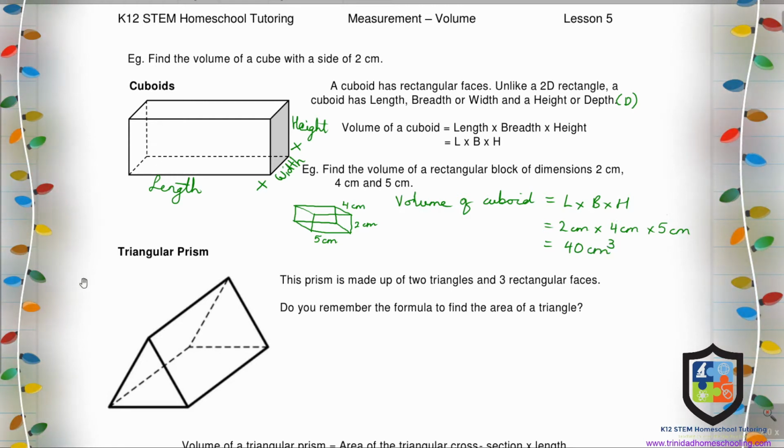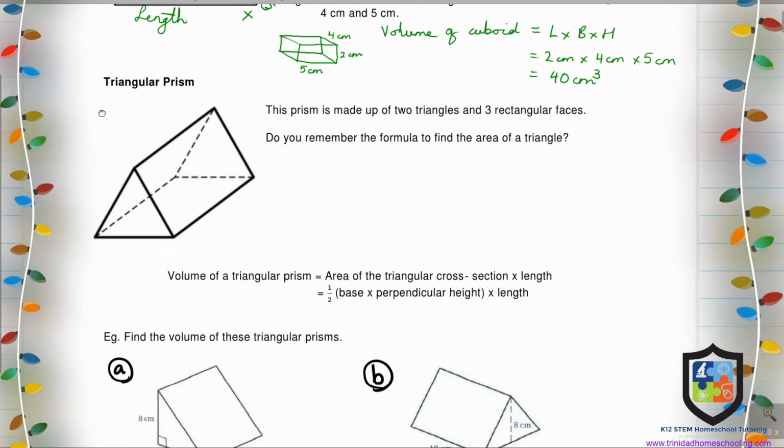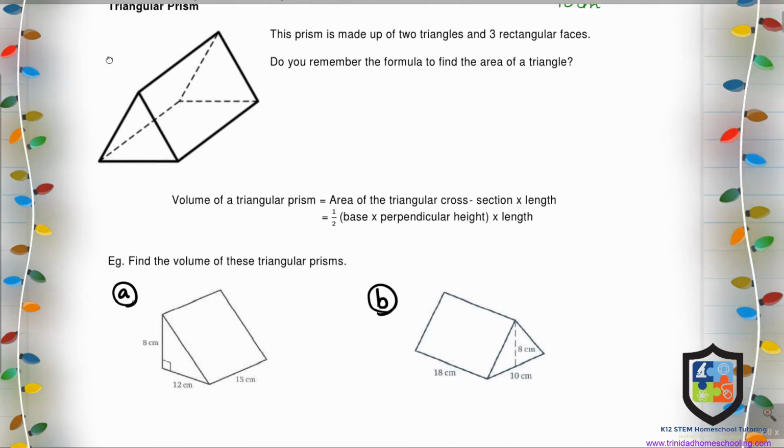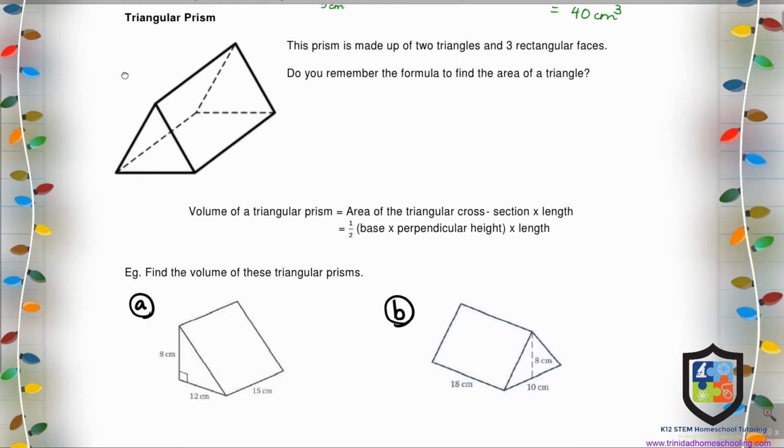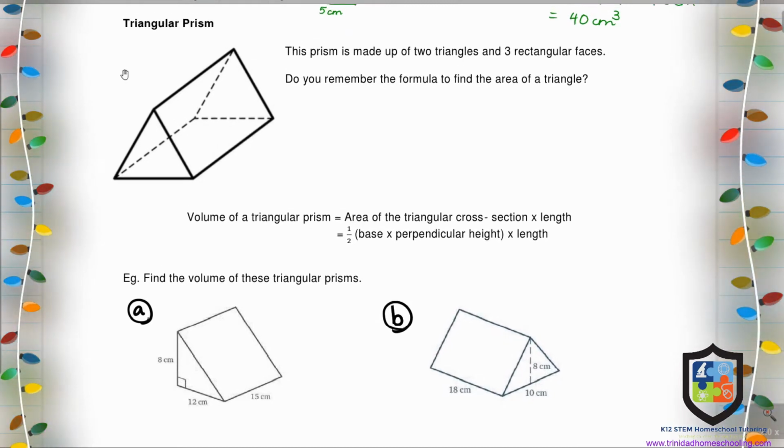Now let's look at another prism, the triangular prism. So this prism is made up of 2 triangles and 3 rectangular faces. Right, so we could see our triangle here. This is one triangle. This is the other triangle in the back there. Okay, I'm going to shade them in.